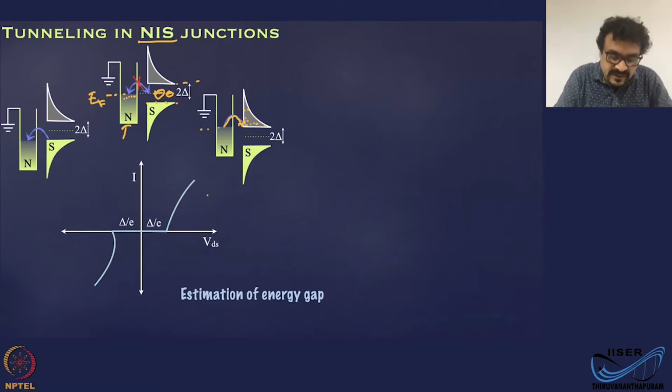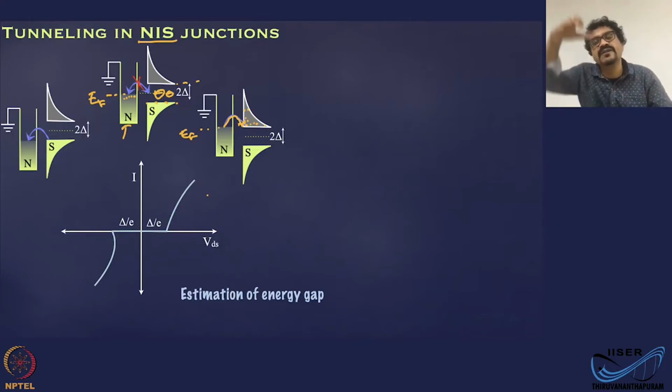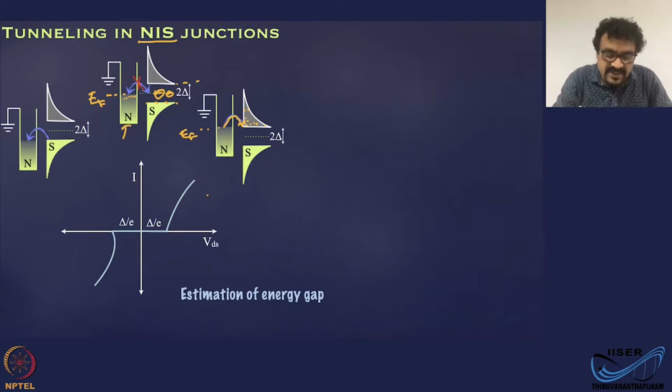This was EF. So when you lower the superconducting side with respect to the metal side by delta, then you have available states for the electrons.